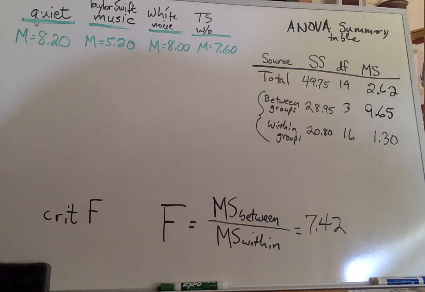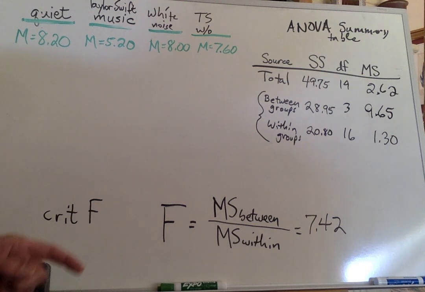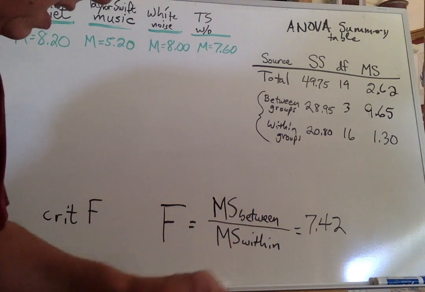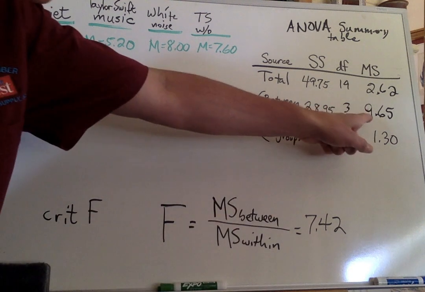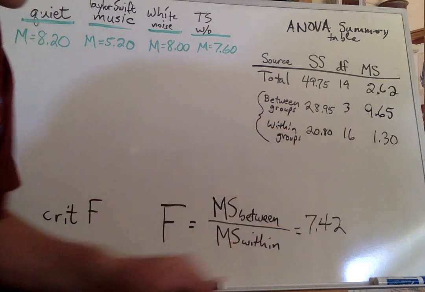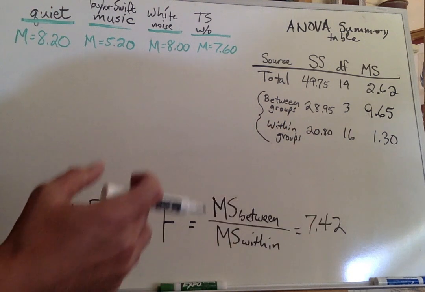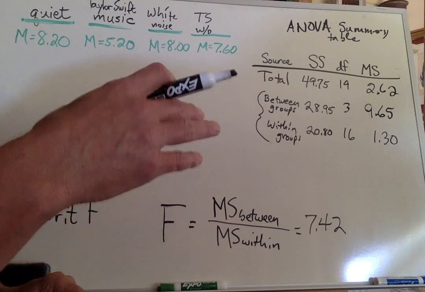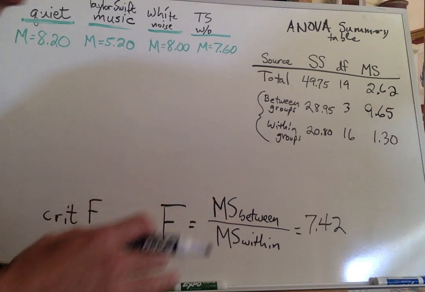equals this, okay? We have our F ratio, and we calculate that as the mean square between over the mean square within. So it's telling us the variability that we see between the groups, and we compare that to what we see within the groups, okay?